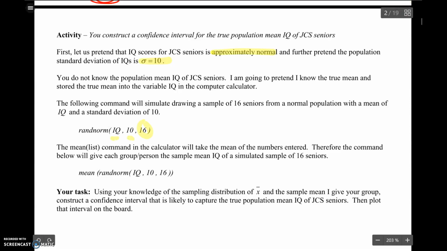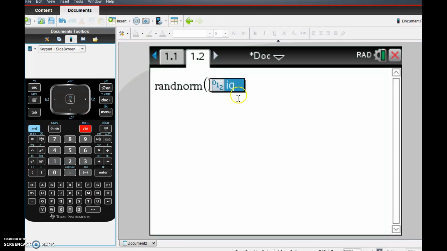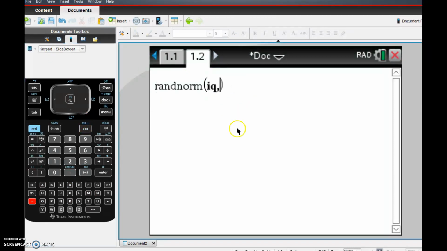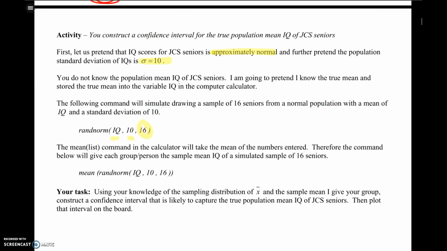If I put in my IQ, 10 for the standard deviation, and 16, it will randomly generate 16 different numbers. This would represent each student in my sample. So the first kid had 105, 120, ooh, smart kid there. 99, not as smart, awkward topic, sorry.